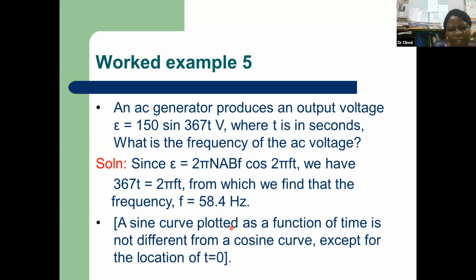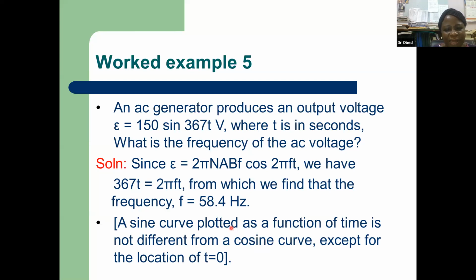Using the formula given earlier, we have 367t equal to 2 pi ft, from which we find that the frequency is equal to 58.4 hertz.